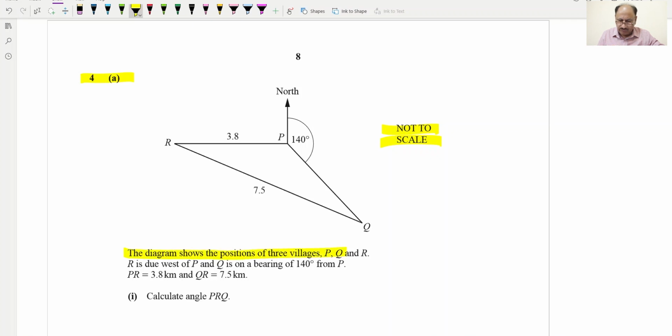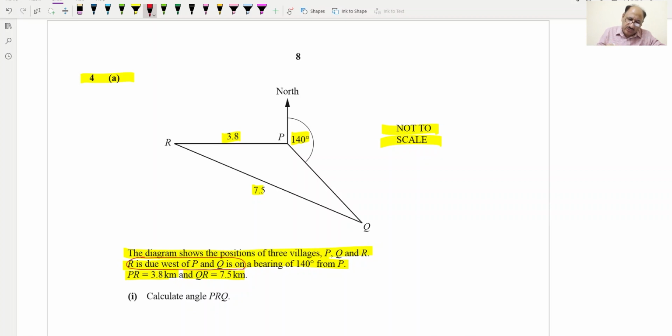The diagram shows the positions of 3 villages P, Q, and R. R is due west of P, and Q is on a bearing of 140 from P. PR is equal to 3.8 kilometers and QR is equal to 7.5 kilometers.